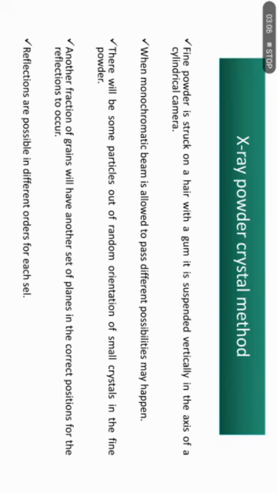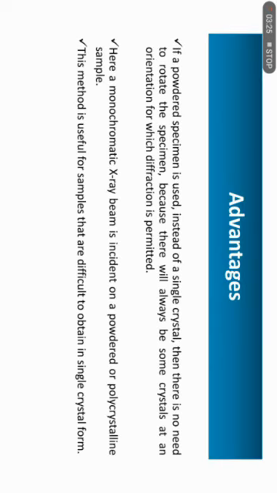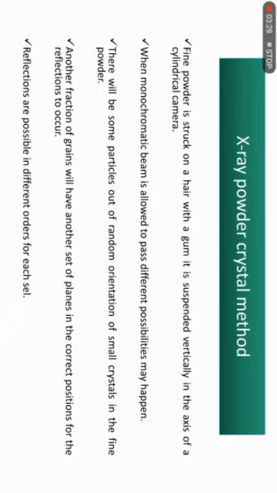When the monochromatic beam is allowed to pass, different possibilities may happen. There will be some particles with random orientation of small crystals in the fine powder. Another fraction of grains will have another set of planes in the correct position for the reflection to occur. Reflections are possible in different orders for each cell. So in this also we can draw the cone which is making those patterns, let me draw it.